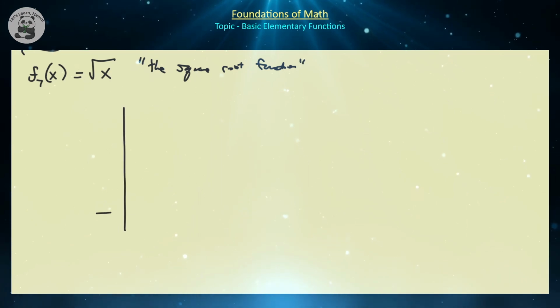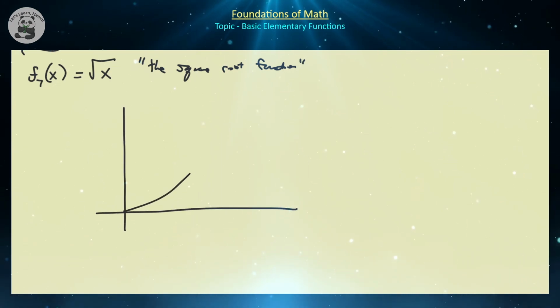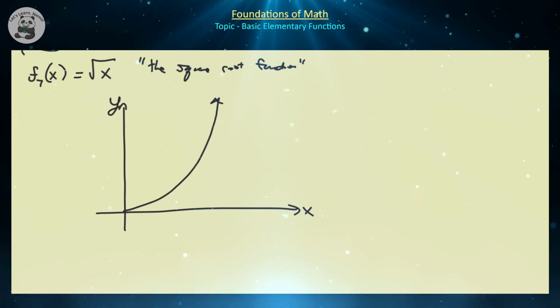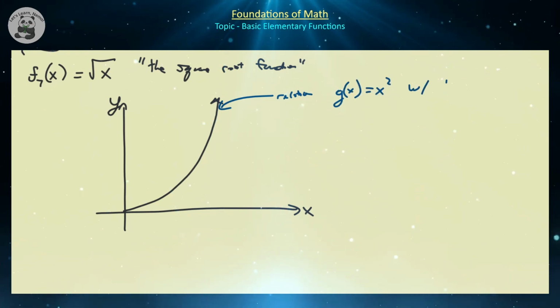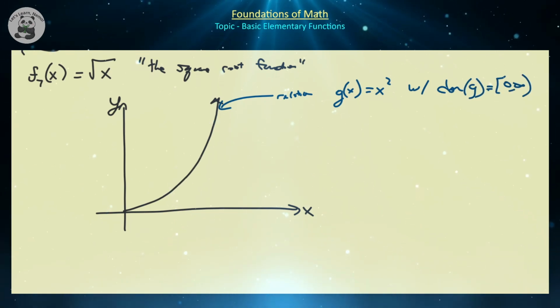So let's outline that again. Let's draw this curve here. Let's assume that this is x and this is y. And this is the graph of the relation, let's call it g, of x is equal to x squared with domain 0 to infinity, and the range obviously 0 to infinity as well.